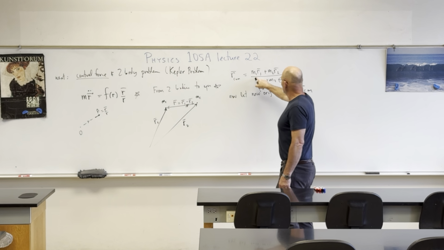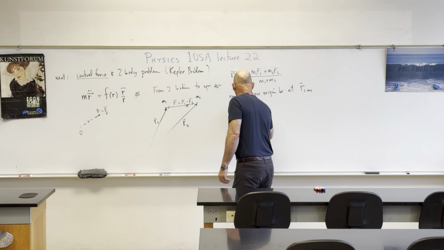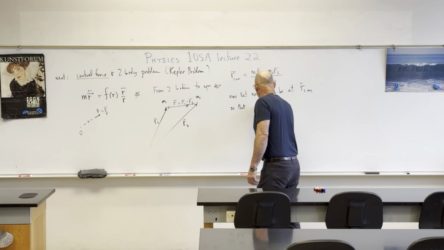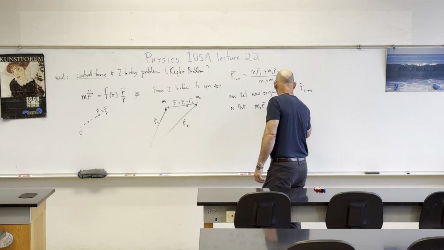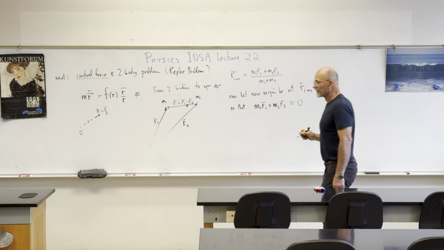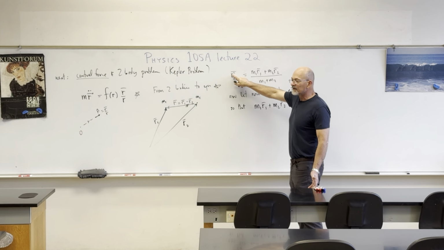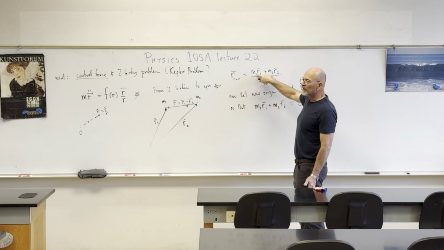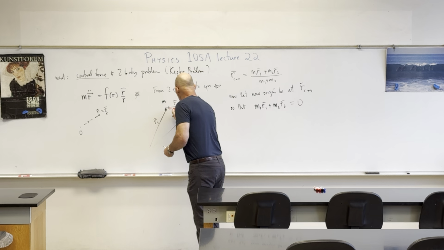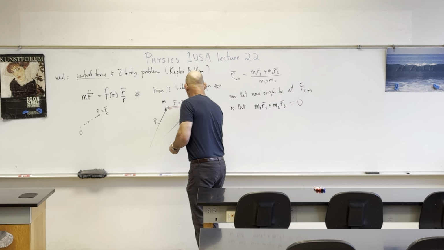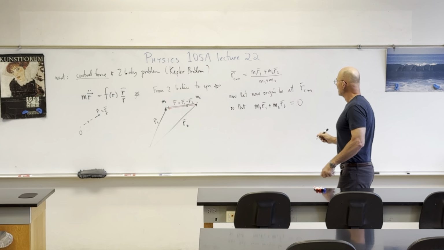And what we'll do, without relabeling, is say that m1 r1 plus m2 r2 is equal to 0. With respect to the new center of mass, if this is the origin, it's 0, then the numerator is 0. And then you can see what I'm doing: M1 times this plus M2 times that equals 0. So that's the idea.